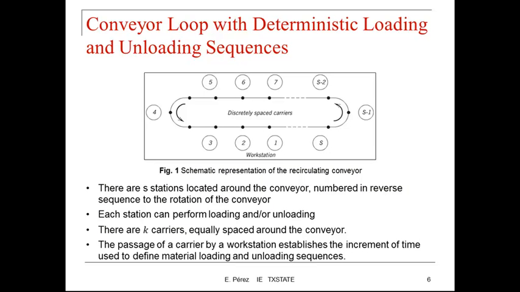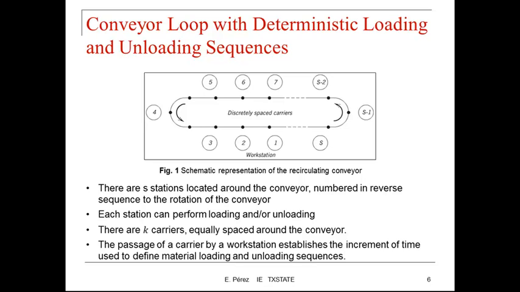So here's the type of problem that we are trying to solve. I'm not going to spend too much time on this example, but this is just to give you a reference point. This is the type of problem that we were solving for deterministic loading.